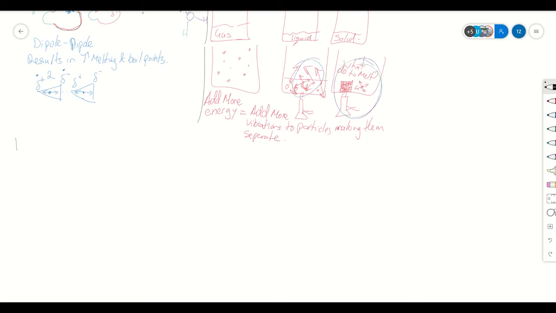All right, so just below the dipole, dispersion forces. So these generally happen. So generally, bigger atoms have these.